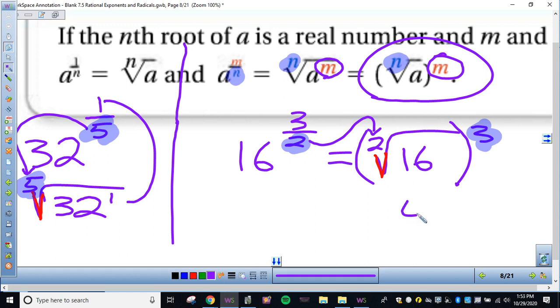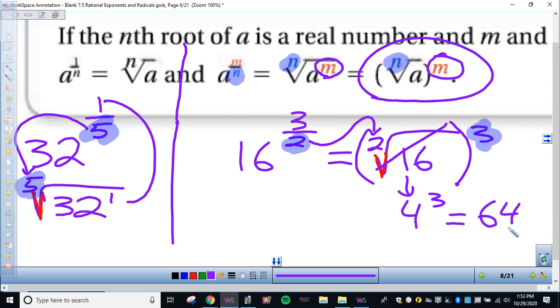I say no. Because once I simplify square root of 16 to 4, 4 to the 3rd power is 64. So moral of the story, what's in the denominator of the fraction exponent goes into the elbow of the radical, and then I can write this 3 either underneath the radical or outside. So that's still following the order of operations with exponents, just gets a little funky. All right, we good on that?